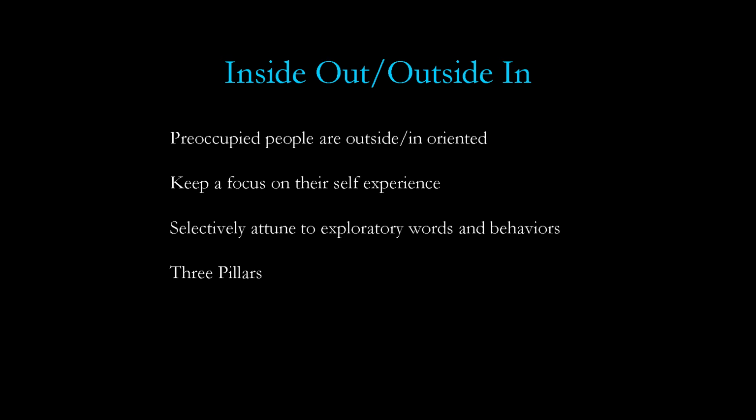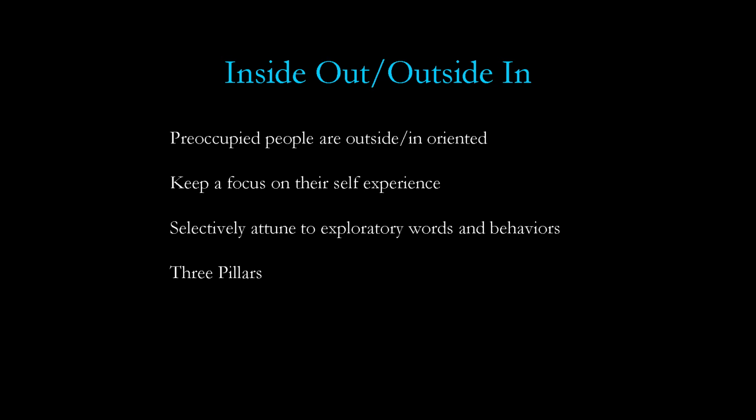If you are in relationship with someone preoccupied, keep a calming, consistent presence, even in the rise and fall of coherence. Remain patient. Selectively attune to exploratory words and behaviors.